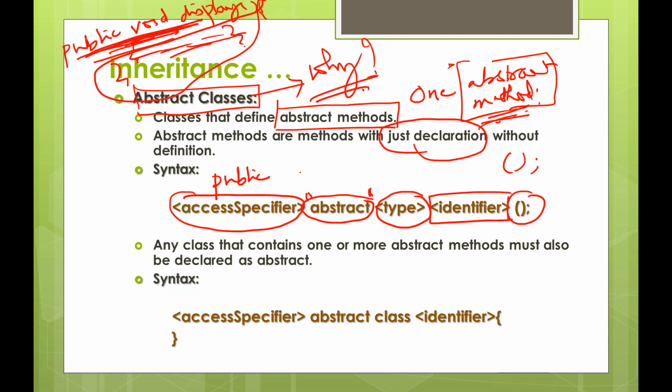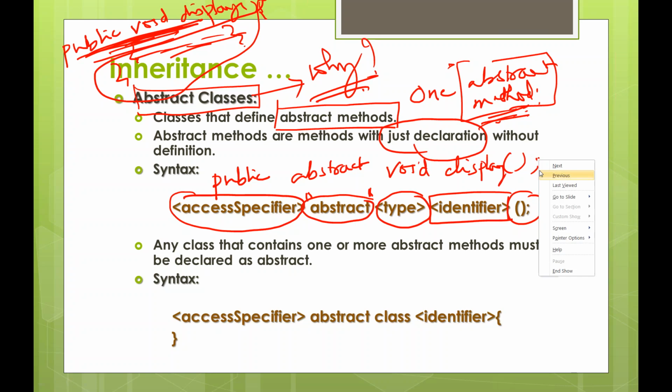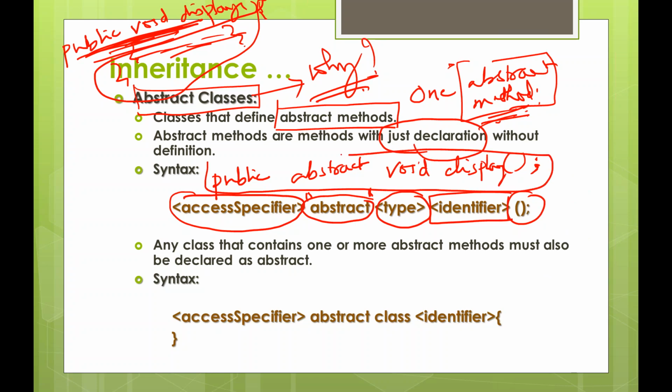public abstract void display. But we don't specify the body for this method. This is your abstract method.